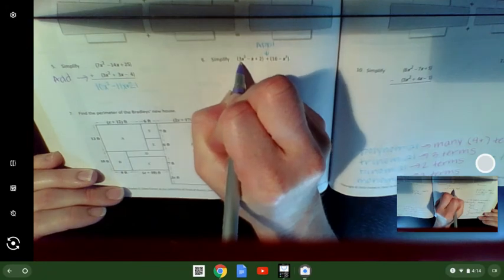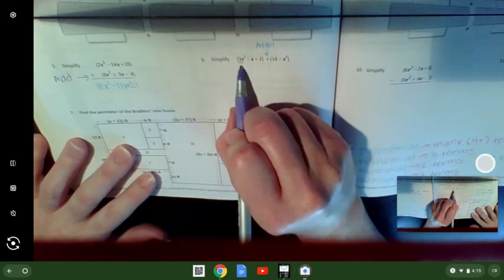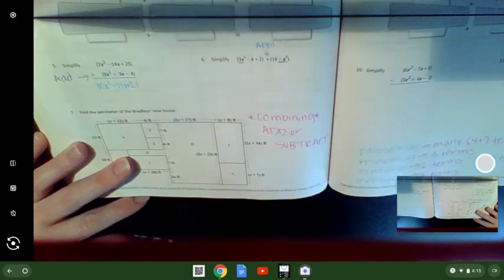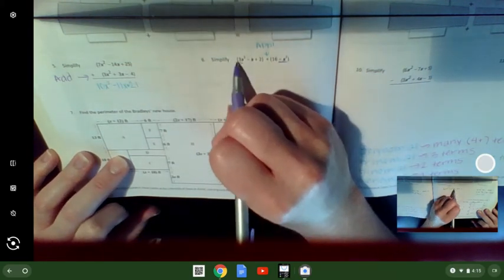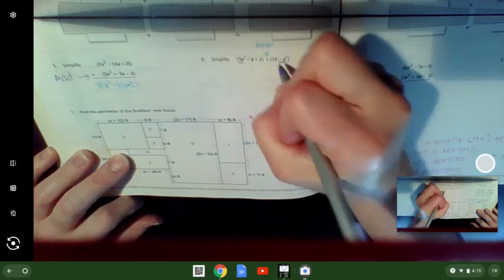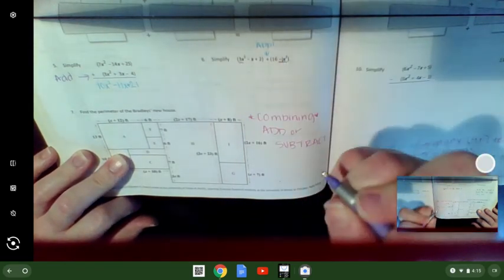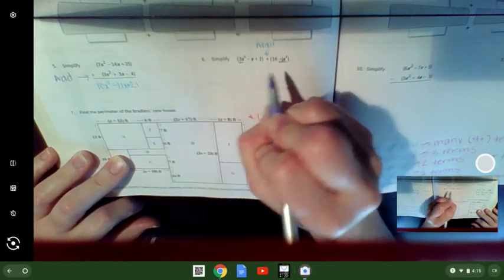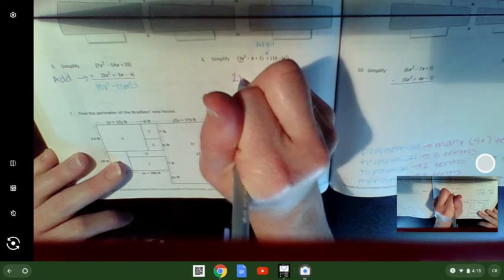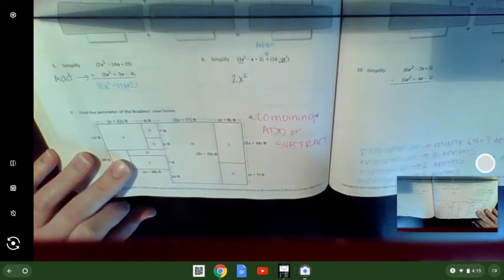So starting with my 3x's squared, if I scan across looking for another x squared, I have this -x squared. So if I have 3 here, then the question is how many here? Well, I see a negative, but I don't see a number. Remember, we can always put a 1 in there. So 3x's squared minus an x squared means we have 2x's squared.